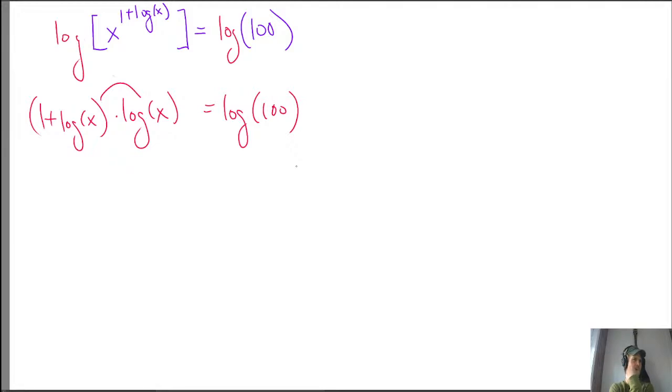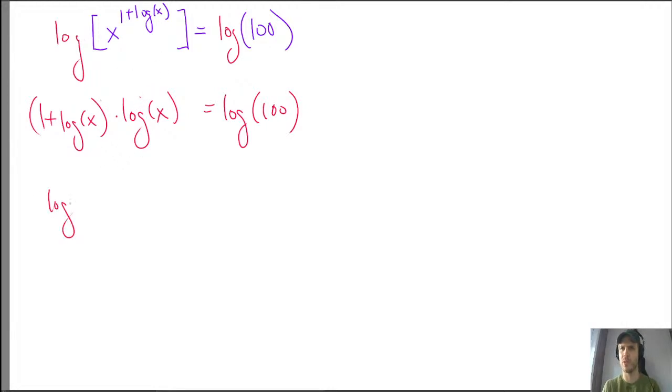Oh, what are we solving for? X. What rule goes here? Because it's not log of x squared. Yeah, this is a really good problem. I know I've seen these before, but I don't remember how to do it right now.